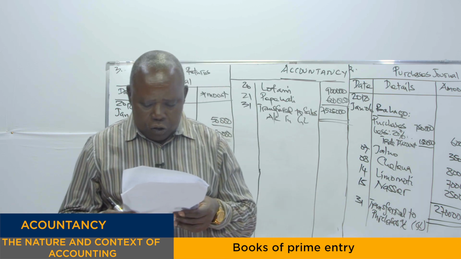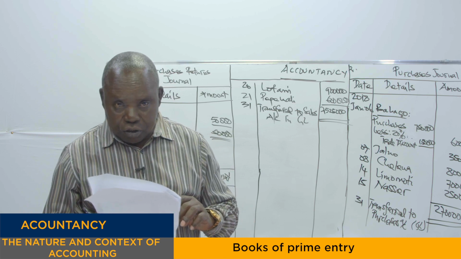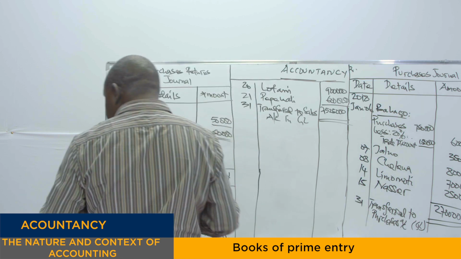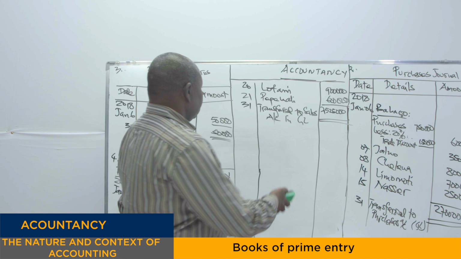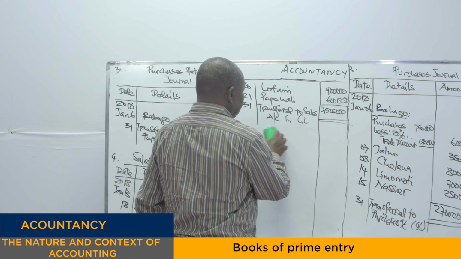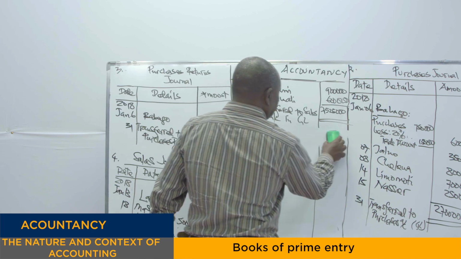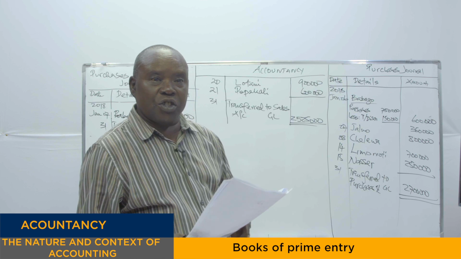So we are through with the sales journal. Now we are going to the last journal, that is the sales returns journal. The fifth one now is the sales returns journal.